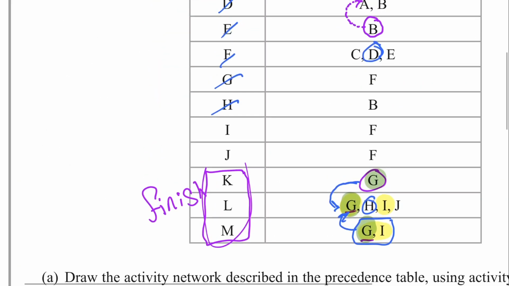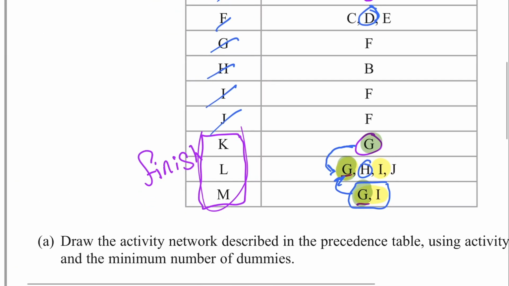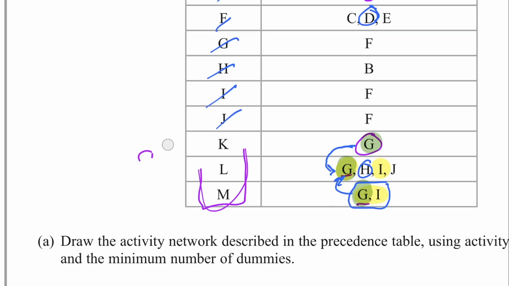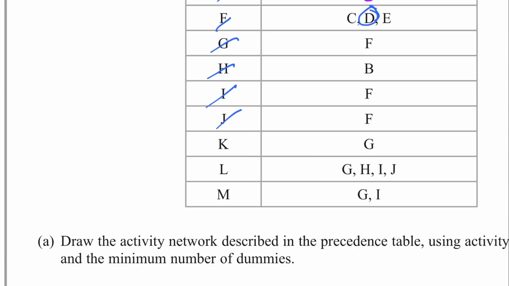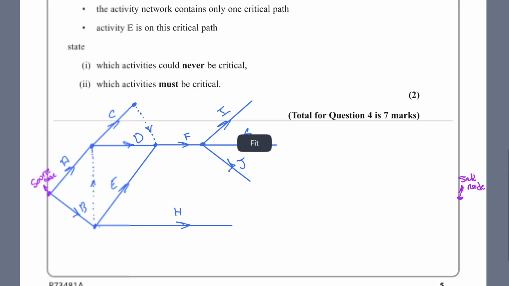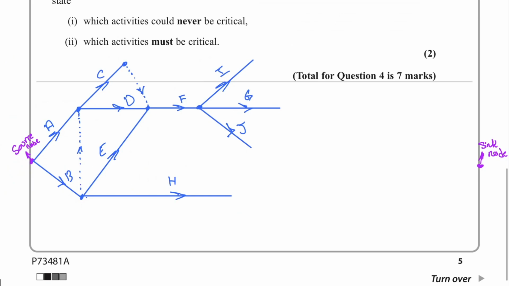Okay, now let's go back. We did I and J. Now we want to do K. Let me just clean this up. Okay, so now we have K, which comes out of G. Let me bring the sink node a little bit closer.